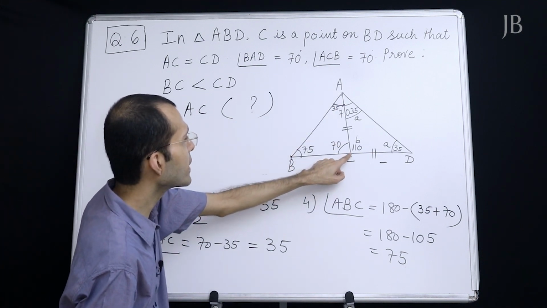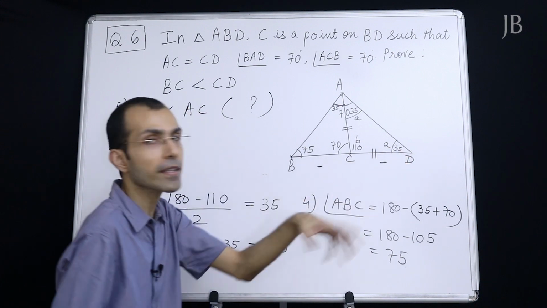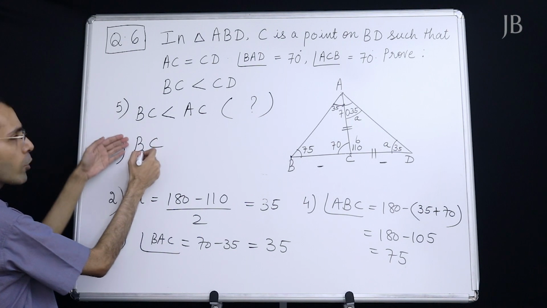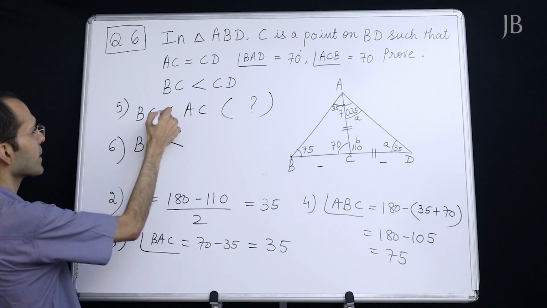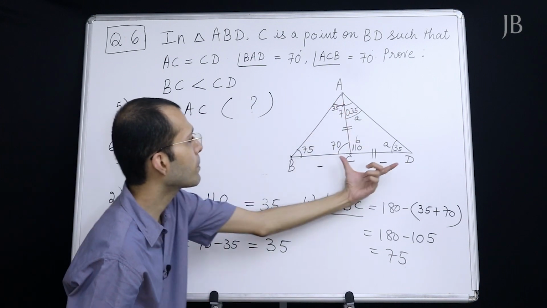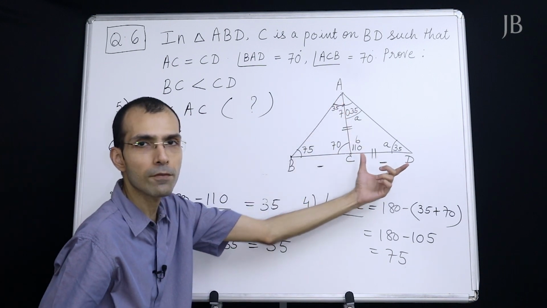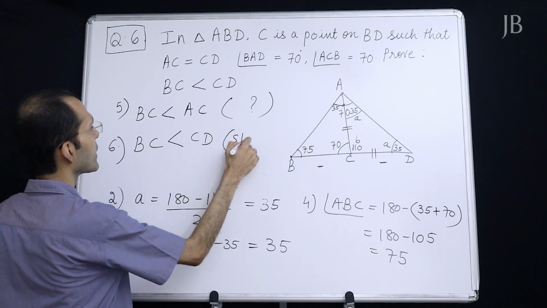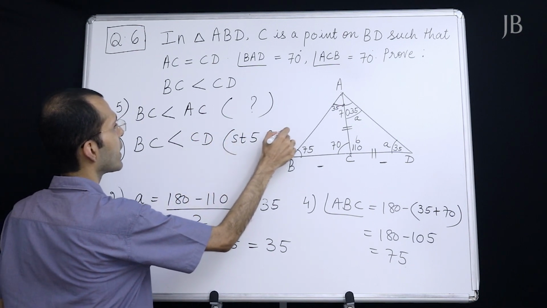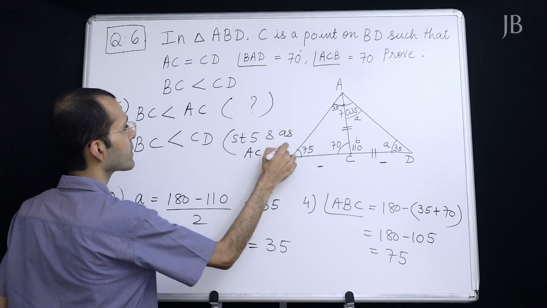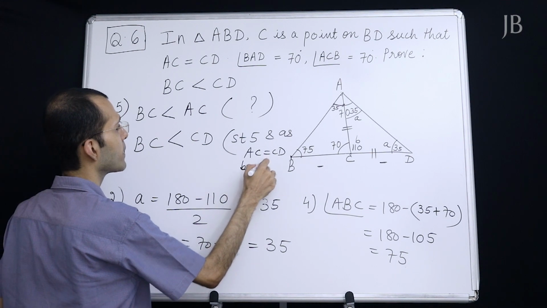But AC and CD are equal. Why? Already given. So BC, I copy BC, same sign I copy. This AC we replace with CD as both of them are equal. Here the reason will be statement 5, and as AC is equal to CD by data.